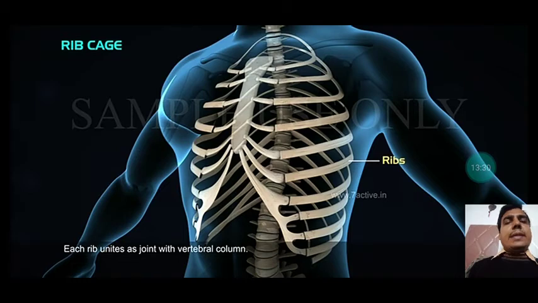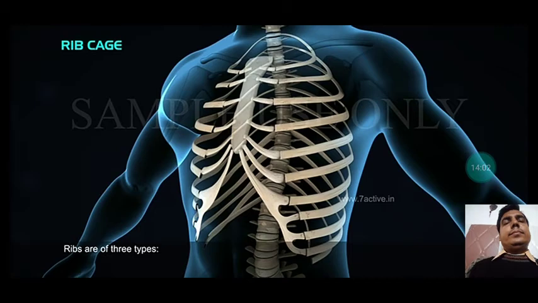Each rib unites as a joint with the vertebral column. Ribs are of three types.